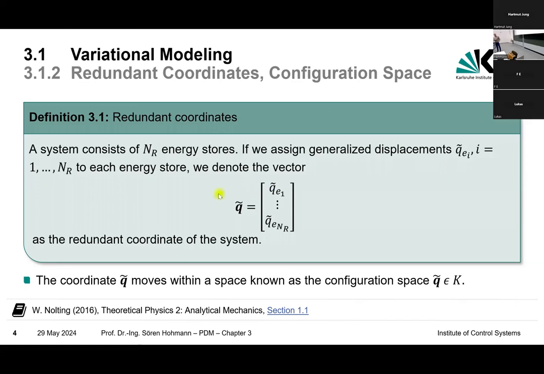Important, we start there with the so-called redundant coordinate system, because we already know from our last consideration in chapter 2 that there might be dependent variables, and so it makes sense because we know all the coordinates with the tilde, just to be aware of the situation that there are some coordinates which can be expressed by other coordinates.